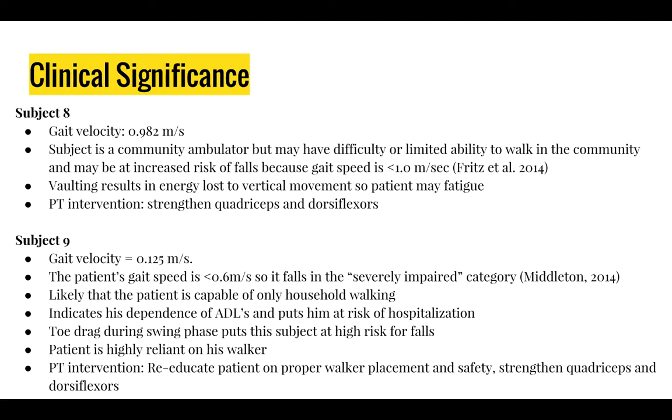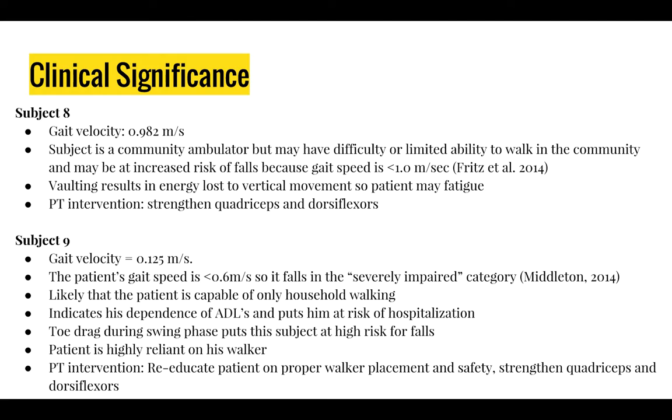We also noted that since she's going to be vaulting a lot, she's going to be losing a lot of extra energy due to the vertical movement that she'll be exhibiting. And also, as a PT intervention, we could strengthen her quadriceps or her dorsiflexors to help with her ankle mechanism deviations.